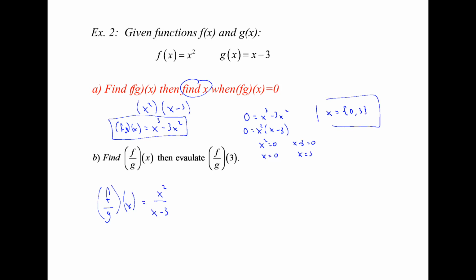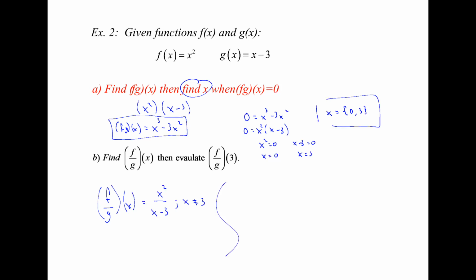Now, some of you might think that you can cancel some x's, but remember, x squared is x times x, and x minus 3 is its own factor. x is not a factor in the denominator. So you cannot cancel any of the x's. So we are done with the quotient, except we also need to indicate that x cannot equal 3 because that would make the denominator 0.